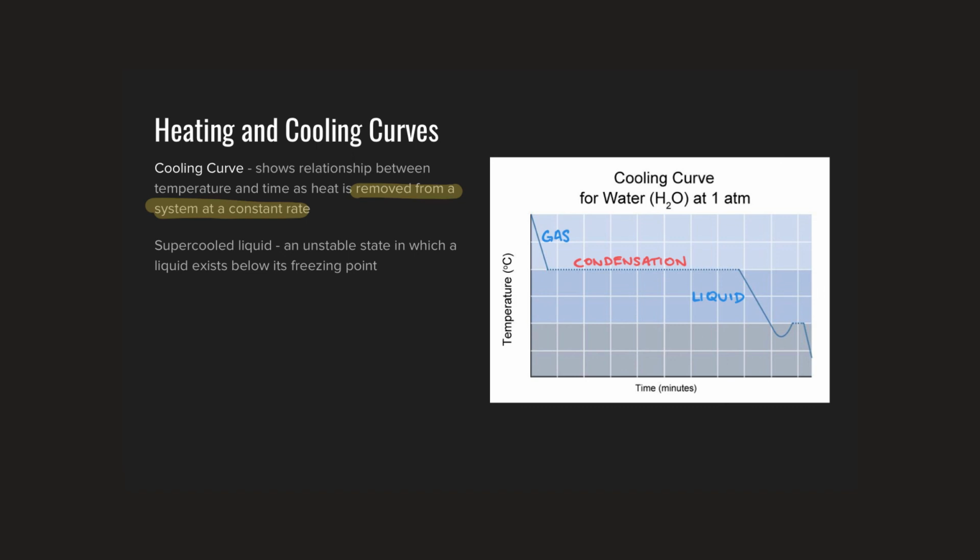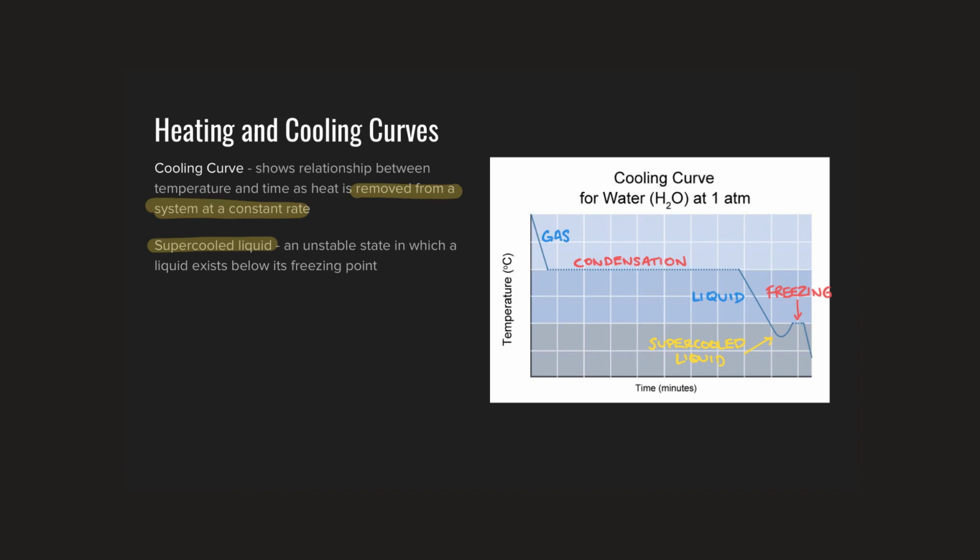Have a look at the region of our diagram down here where we've got the little dip. You'll notice that the dip occurs below the position where the freezing point of water is, below where that line plateaus. So in this little section of the graph, what we've got going on is what we refer to as a supercooled liquid.